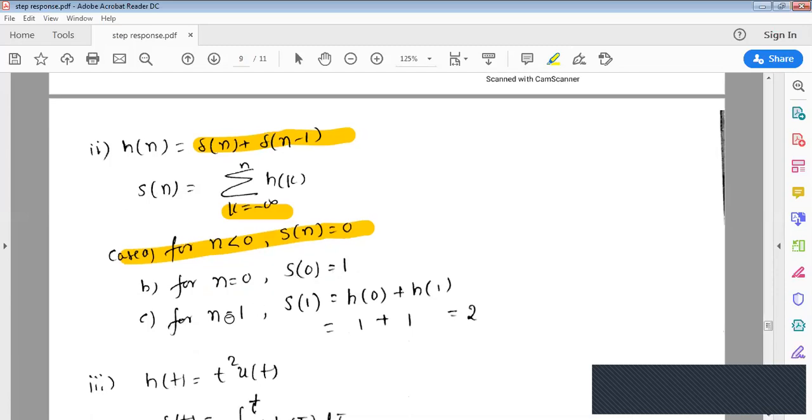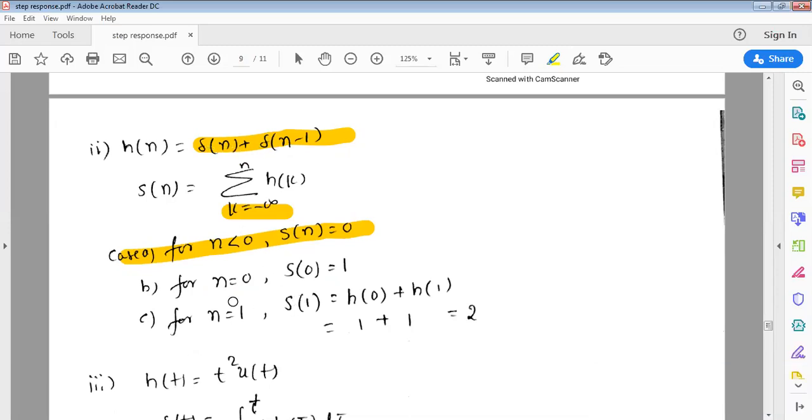Now, when n equal to 1, what happens? It will become h of 0 plus h of 1, because it is a sum. You have h of 0 plus h of 1 plus h of 2 plus h of 3, and so on. So h of 0 is nothing but 1, and h of minus 1 and all other terms will become 0. So when n equal to 1, it will become h of 0 plus h of 1 only. What is your h of 0? h of 0 is 1, plus h of 1 is equal to 1, because when you put 1 in this equation, this will become 0 and this will become 1.